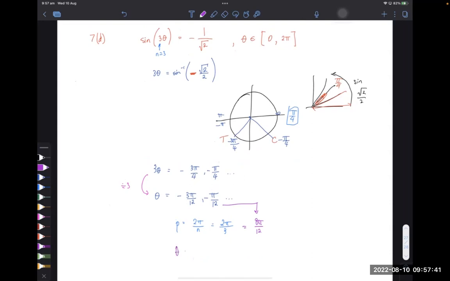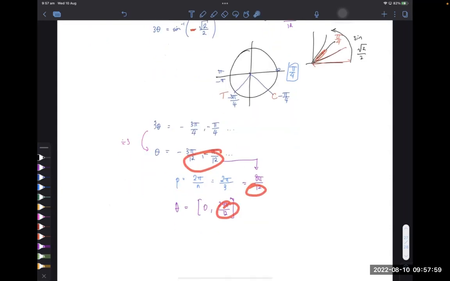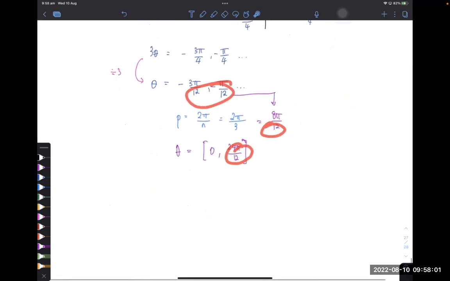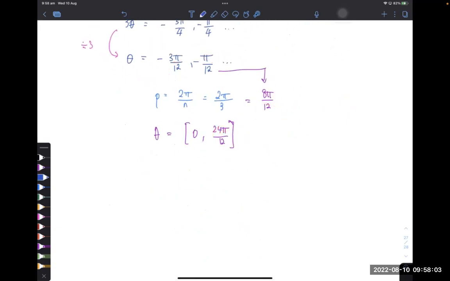The domain as well is going to be 0 to 24 pi on 12. So it's the same denominators across the board for these 3 sections here. Now I've just got to pivot into the domain.